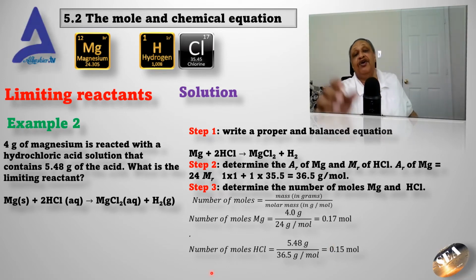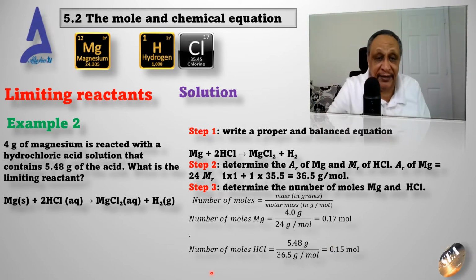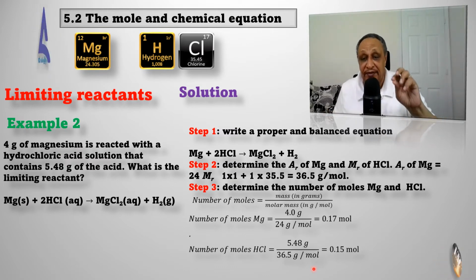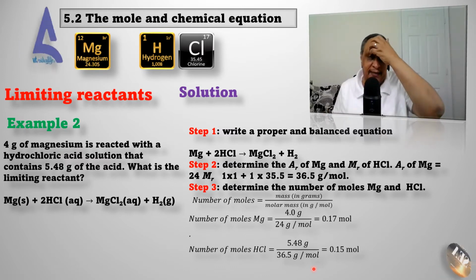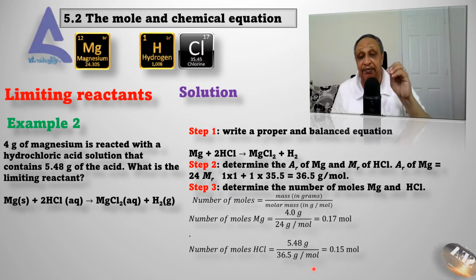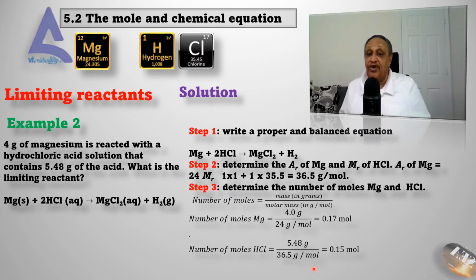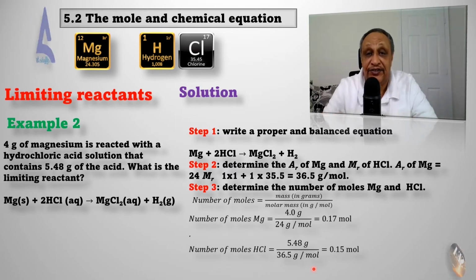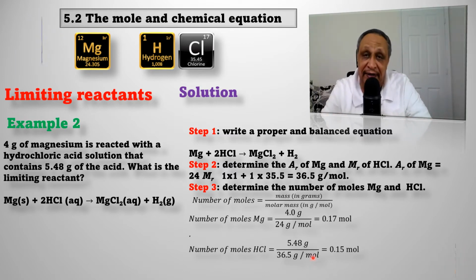So now I know how many moles are here, as he said to me. It is 0.17 mole for the magnesium and 0.15 mole for the HCl, or the hydrochloric acid. Let us go further and see what's next.